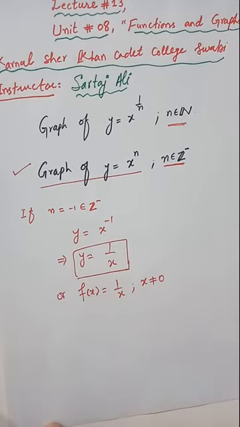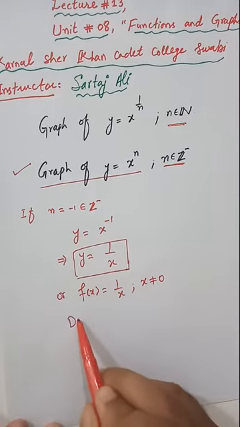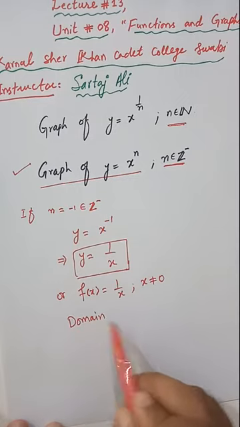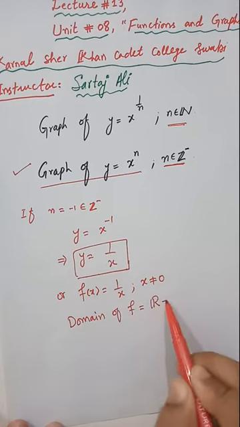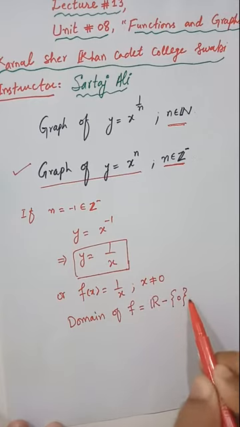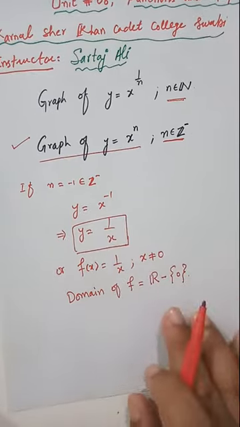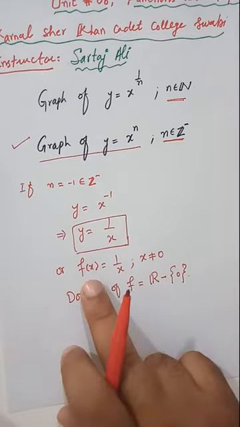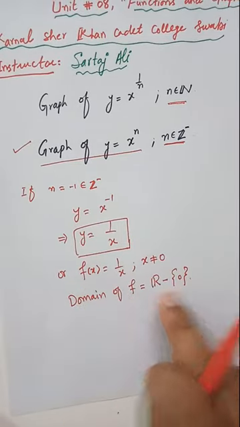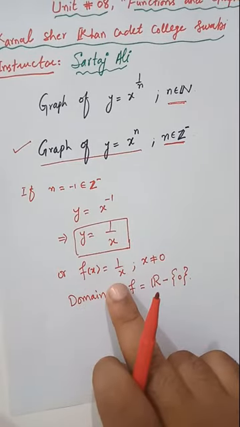So the set of all real numbers except 0 is the domain of this function. Domain of f is all real numbers except 0. So when you are constructing a table, you must give all real numbers in the argument except 0, because at 0 this function is not defined.